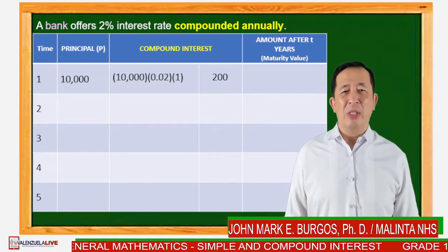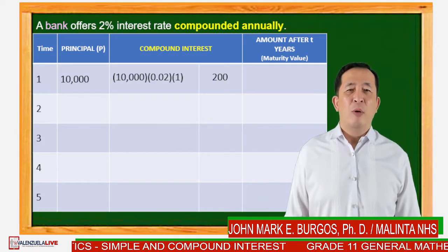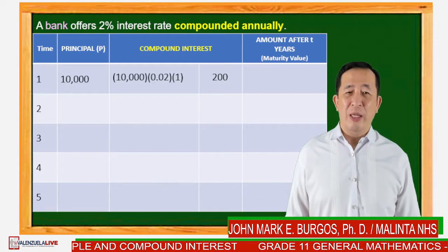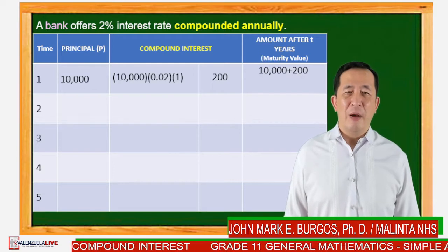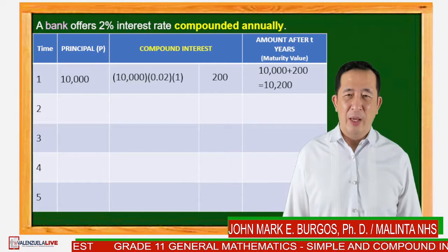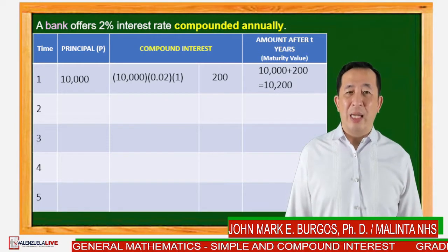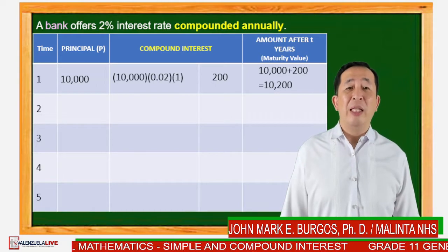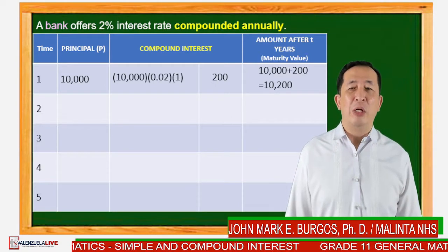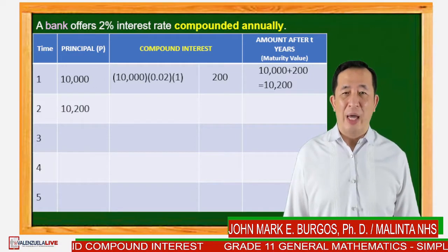Add the computed compound interest to the principal, we have the maturity value of 10,000 plus 200 is equal to 10,200. On the second year or time 2, we will start this time with the computed maturity value in time 1, which is 10,200.